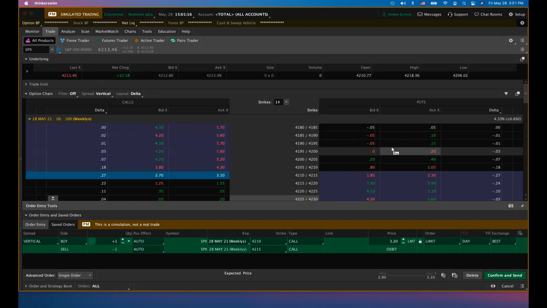You're almost immune to theta when you're talking about debit spreads, as opposed to credit spreads where you want theta to work for you. You want the price to decay because you sold high and you want to buy low, right? For debit spreads, you're always buying low and selling high. It's the opposite side.